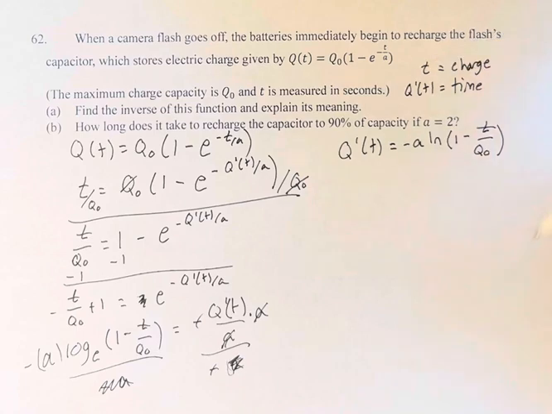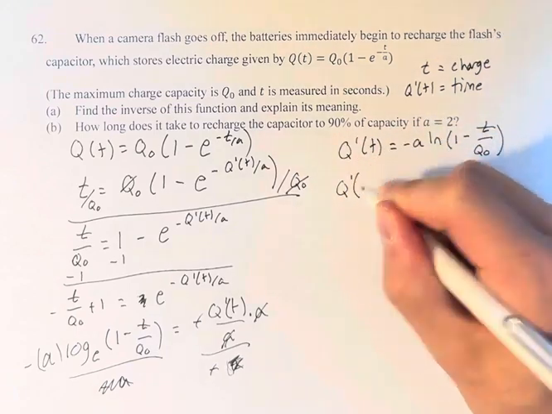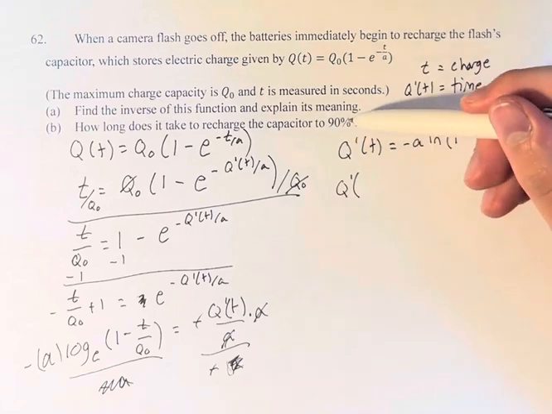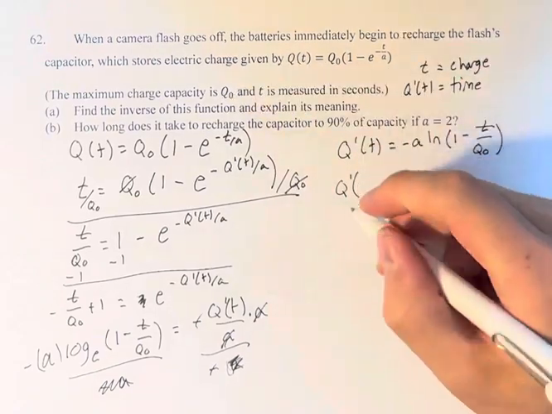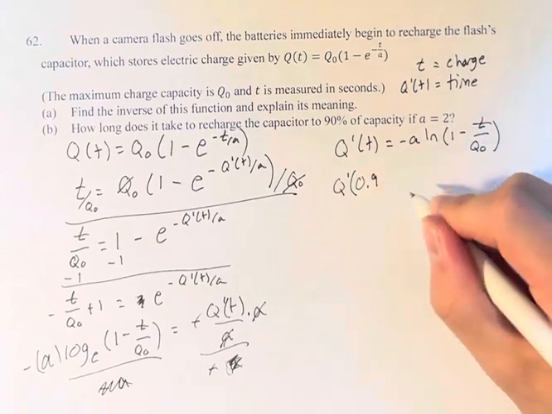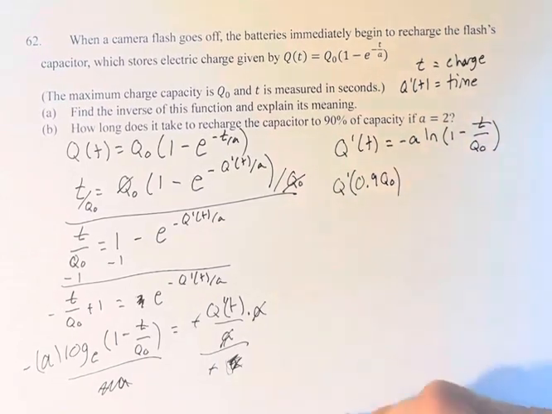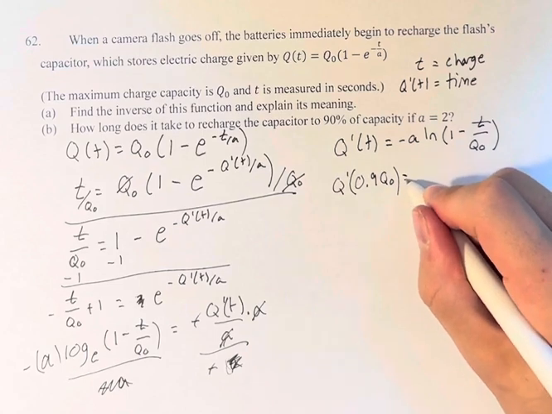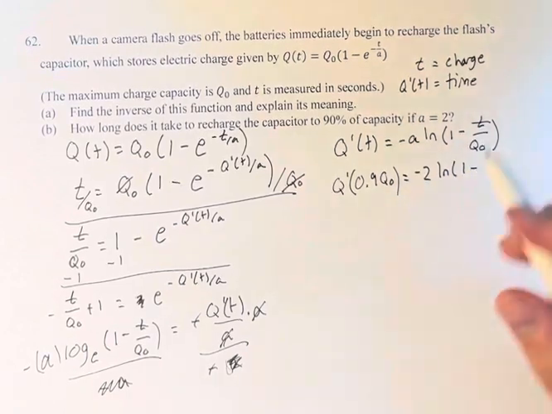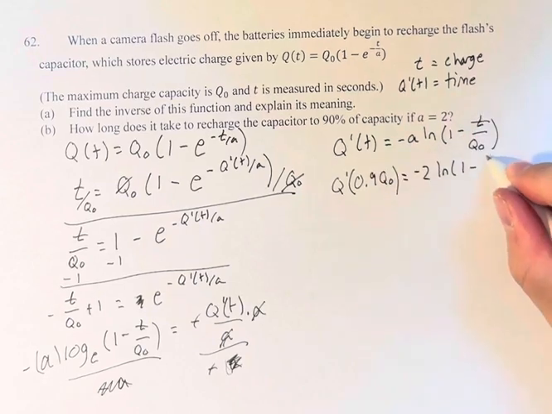We're looking for the time at which the charge is 90% of capacity, 90% of q naught. So we're taking this function and evaluating it at 90% of q naught. And a here is 2. So this is negative 2 ln of 1 minus 0.9 q naught divided by q naught.